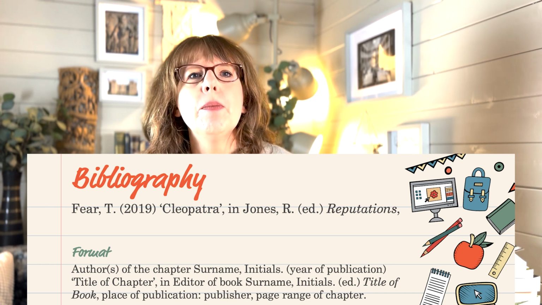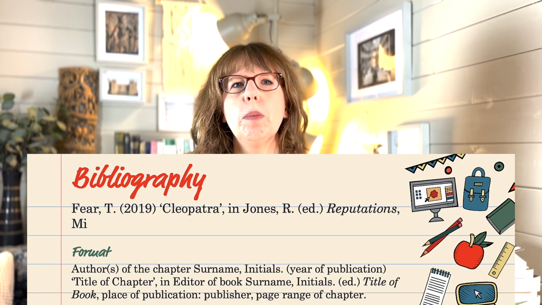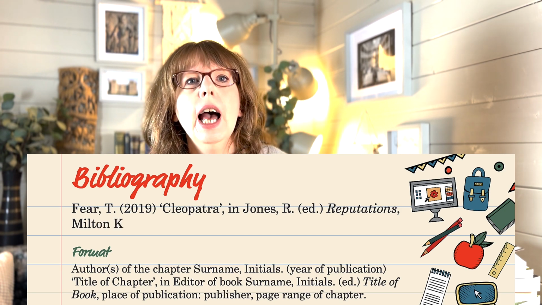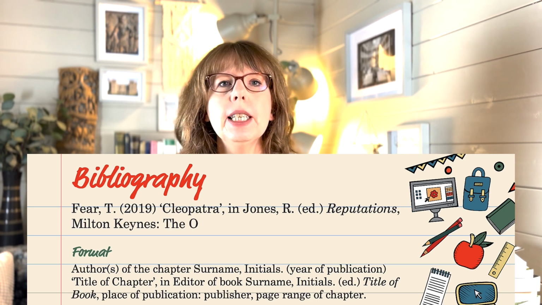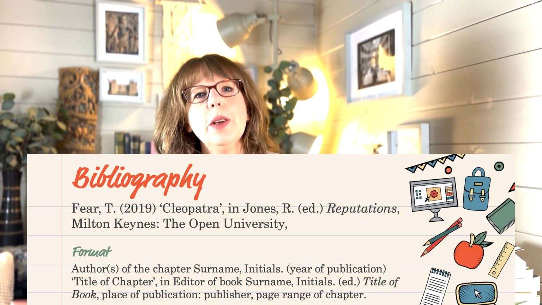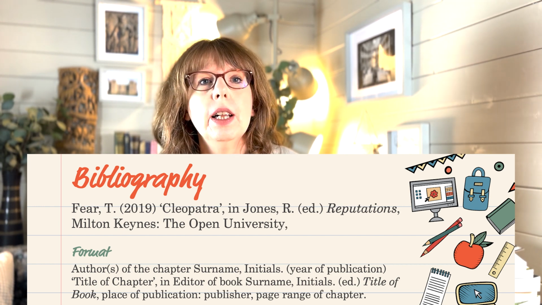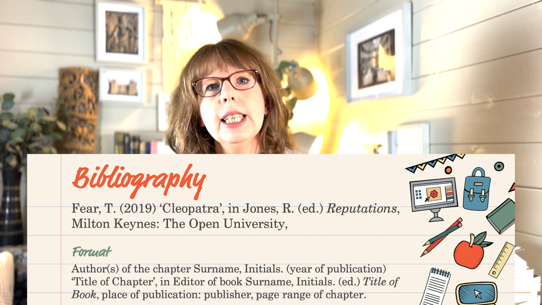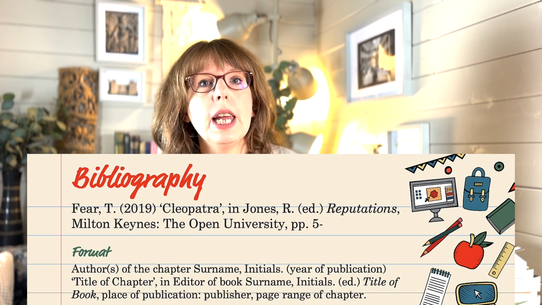The next bit of information I need to add can be a little bit more challenging to find. It's the place of publication and the publisher. I found this in the opening pages of the book, so I need to add Milton Keynes: the Open University. I also need to give the page range of Trevor Fear's chapter within this book. So from the book contents, I can see that this is pages 5 through to 43.